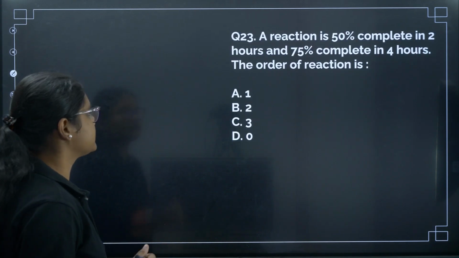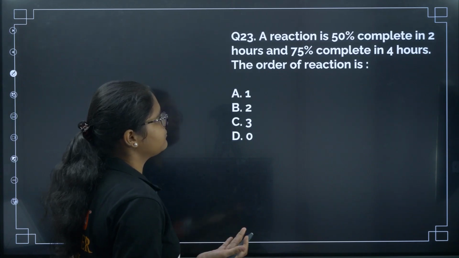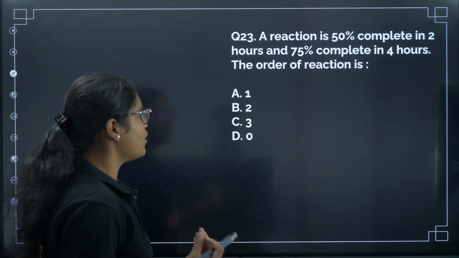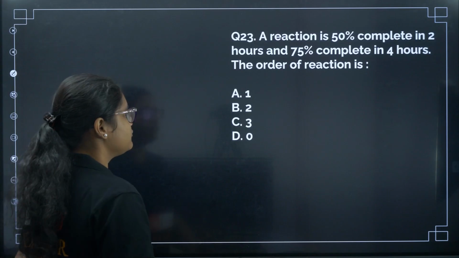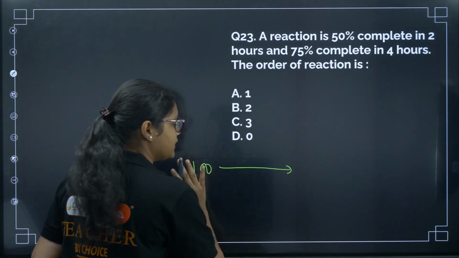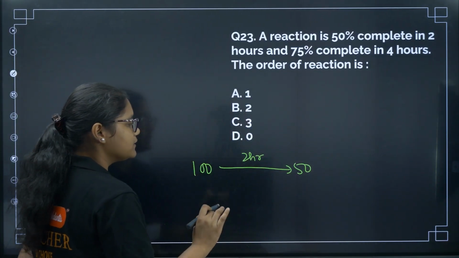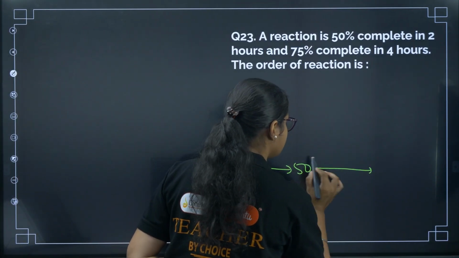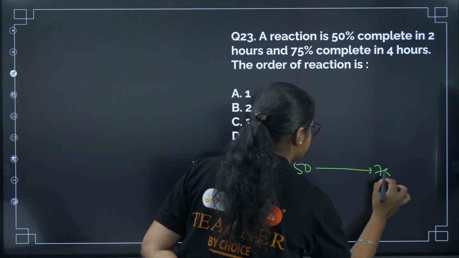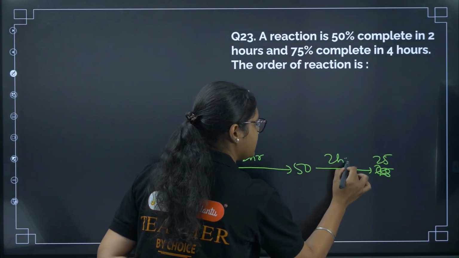So easy question. Next, a reaction is 50% complete in 2 hours and 75% completed in 4 hours. The order of the reaction is. So if you see here, initially 100% was there, then 50% was completed in 2 hours, okay. The next half, that is from 50 to 25 remaining, will again take 2 hours.